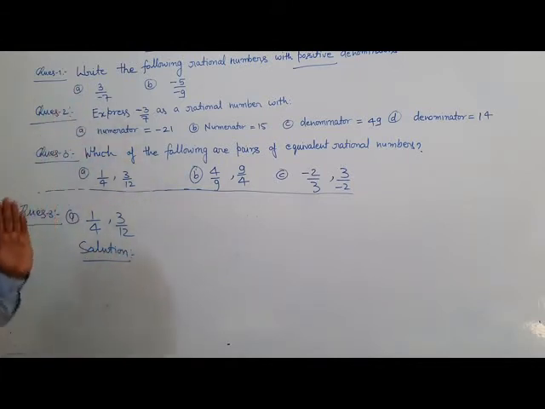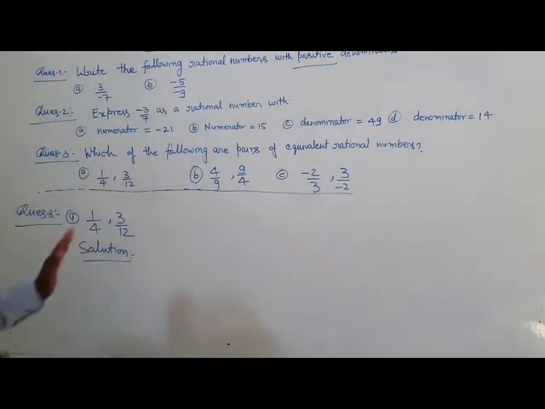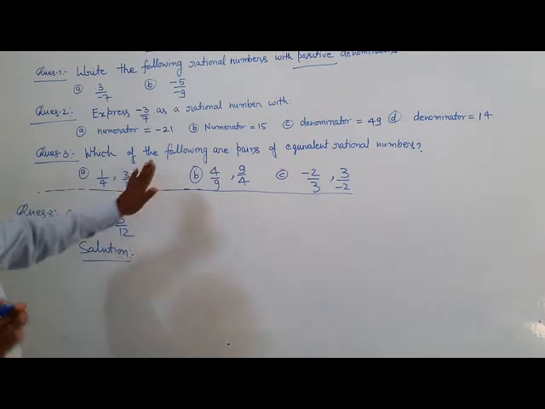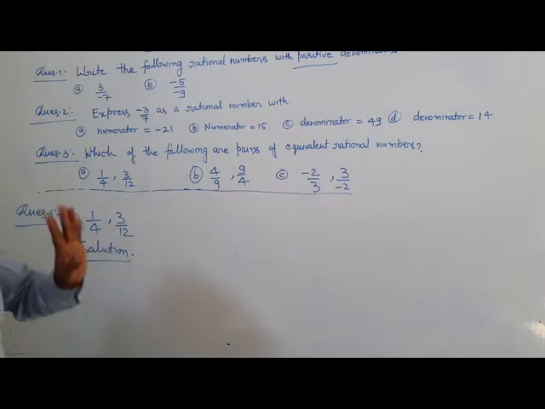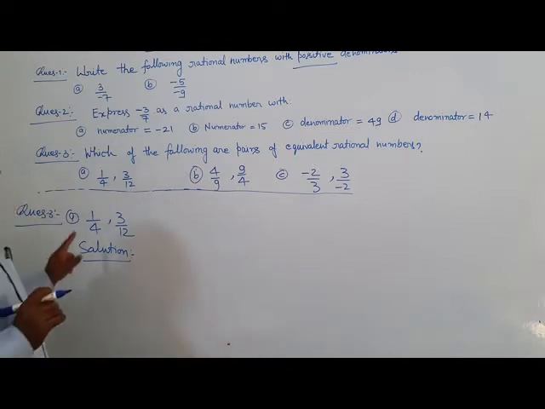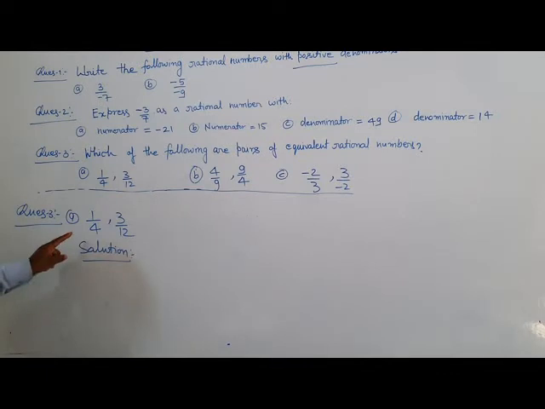When two rational numbers are given and the question asks whether the pair is equivalent or not, you have to check that the numerator of the first rational number times the denominator of the second rational number equals the numerator of the second rational number times the denominator of the first rational number.